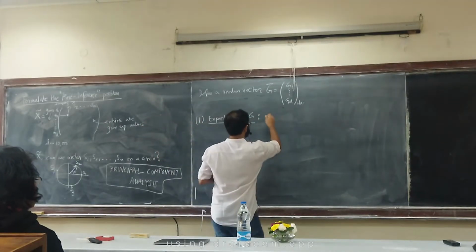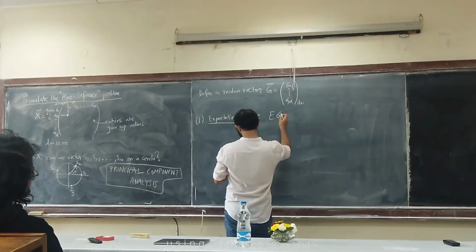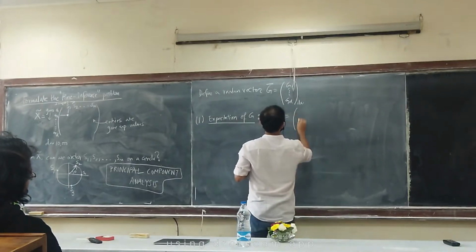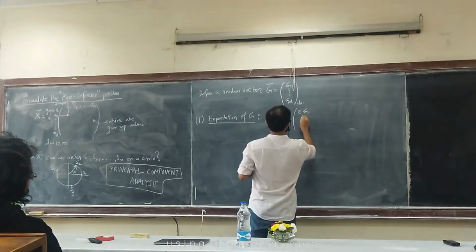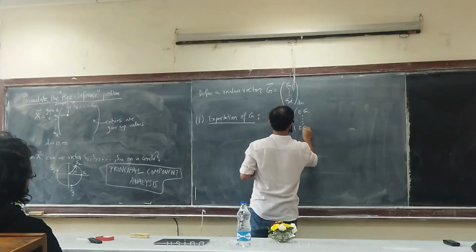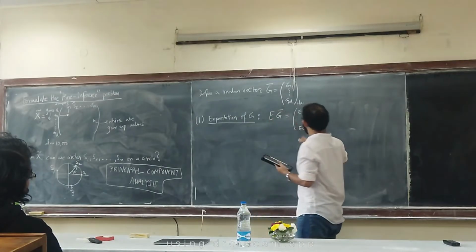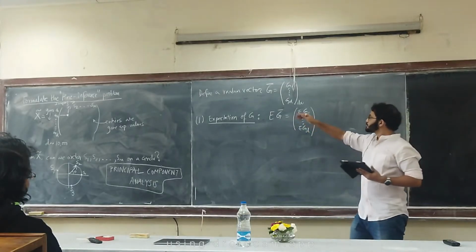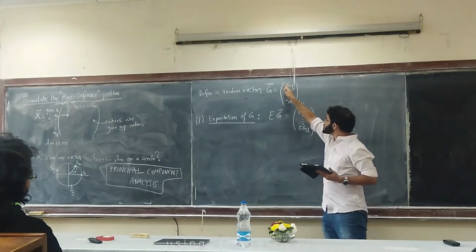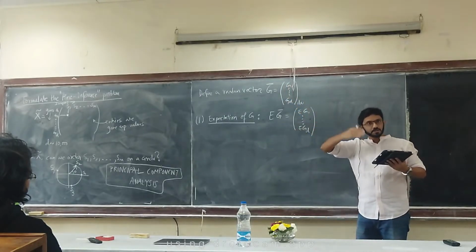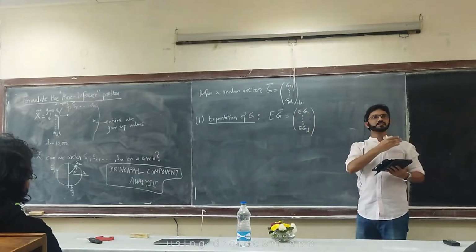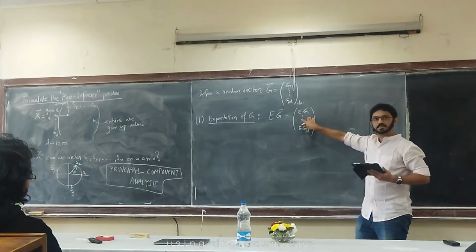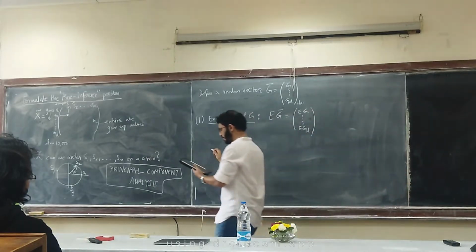So I will denote this by E of G, and that's simply E of G1 all the way up to E of Gd. All this means, if you're just thinking about it physically, is that you're making measurements of G1 many times across all these samples. You're just taking the average. That's all this is. Just call it expectation.